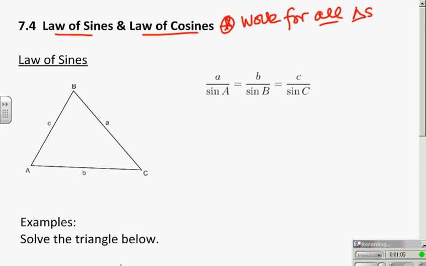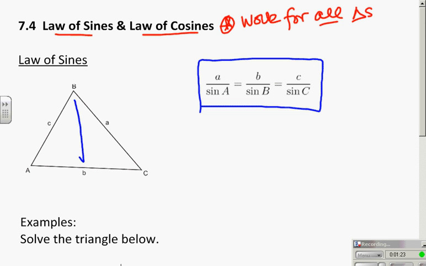The law of sines is basically a set of formulas that allow us to set up ratios. And here are your ratios. Now, obviously, we don't solve things with 3 ratios, but you can use any 2 of those ratios to create an equation, cross multiply, and solve.